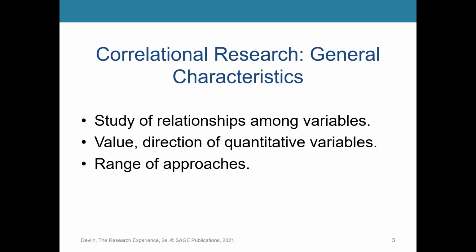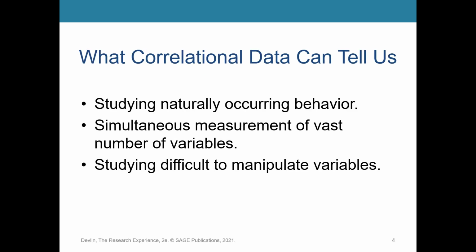Now, correlational research is an umbrella term that includes a bunch of different approaches, and it's a catch-all for regression analysis and multiple regression analysis and even more advanced data collection techniques beyond just correlation itself. So what does correlation data tell us? It really tells us how two variables are related without intervention, without manipulation.